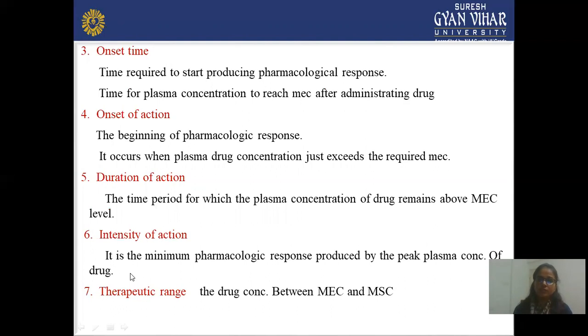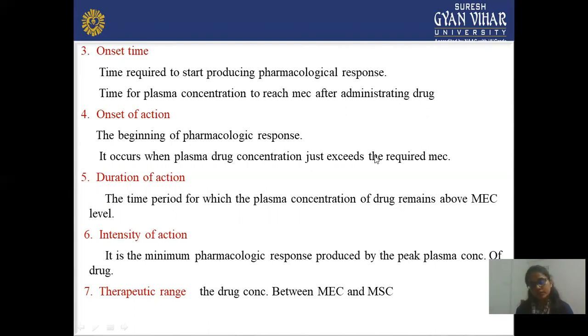After you administer the required amount of the drug, it shows some pharmacological response, and you check this response after administration.